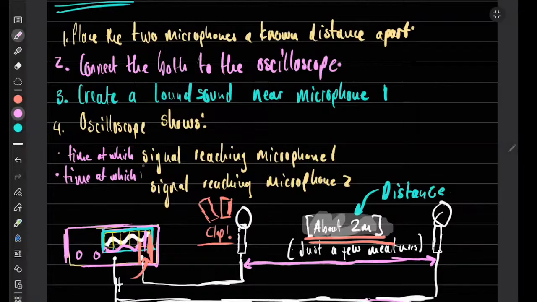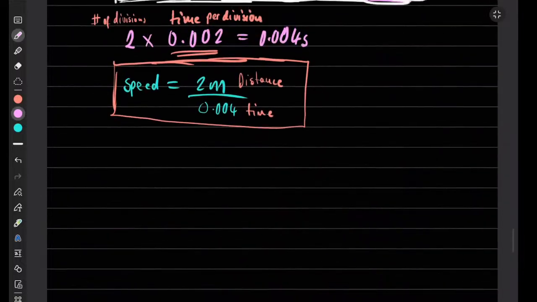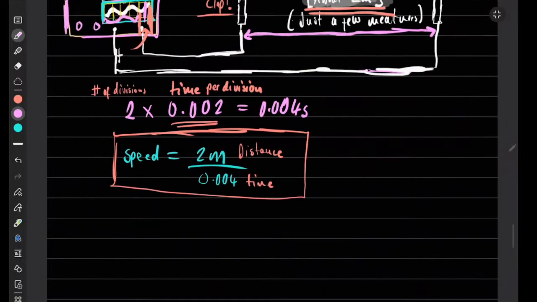It shows the time using what? Divisions. You just multiply the divisions by the time that each division represents. So if you see 5 divisions, you say 5 times 0.002 maybe, then you get your 0.001 or whatever it is going to be. You understand? So oscilloscope shows you the time between the signals. Right?